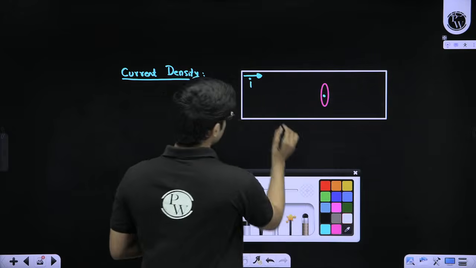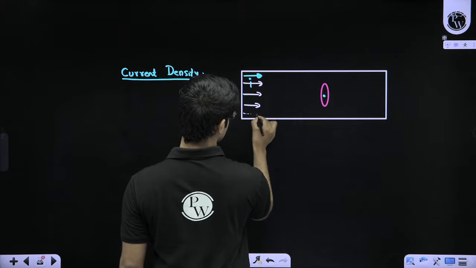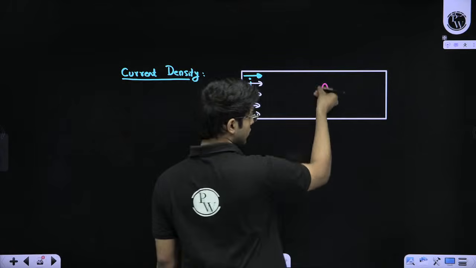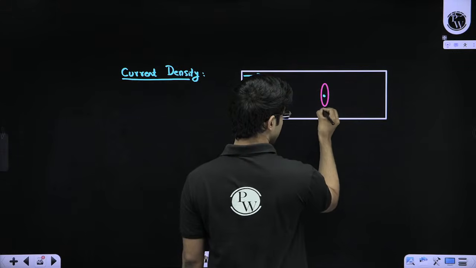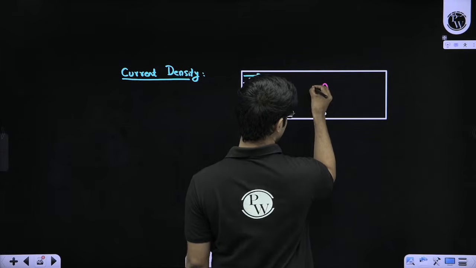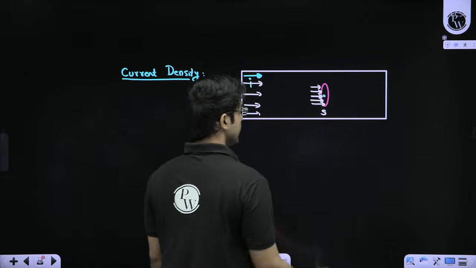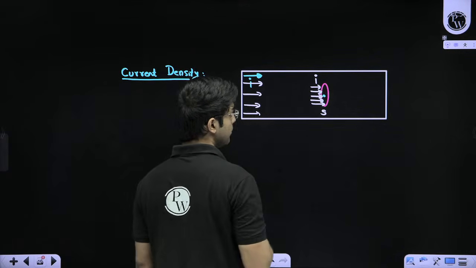Now, if current is flowing through this cross sectional area S, there will be some current that goes through it. Let's say that current is I.